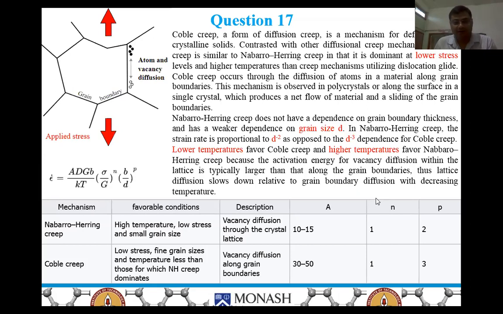Lower temperatures favor Coble creep and higher temperatures favor Nabarro-Herring creep, because the activation energy for vacancy diffusion within the lattice is typically larger than that along grain boundaries, and thus lattice diffusion slows down relative to grain boundary diffusion with decreasing temperature.